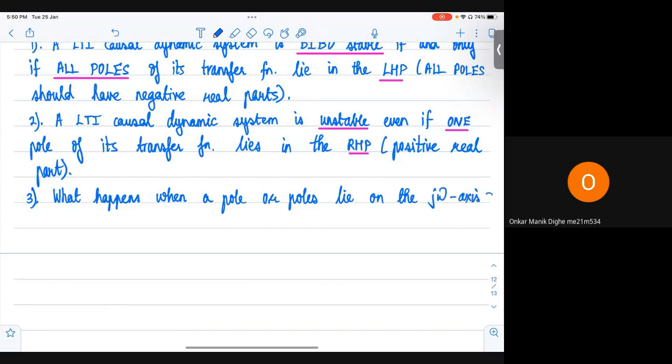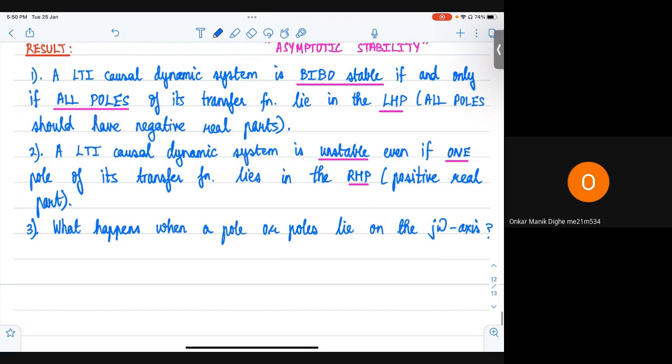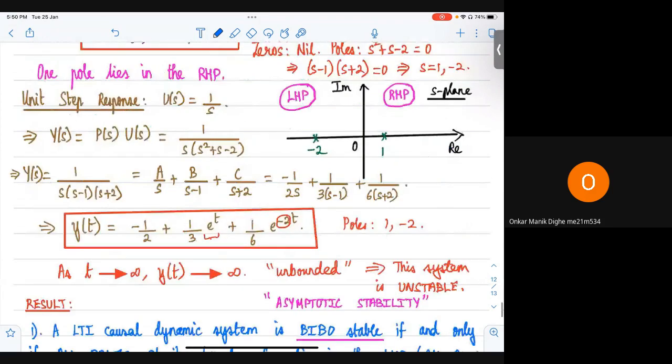We know that the S plane, as we have drawn here, has this real axis and the imaginary axis, right? The imaginary axis is what is called the j omega axis. This is something which I already pointed out. So now the question becomes, what happens if some poles lie on the j omega axis?